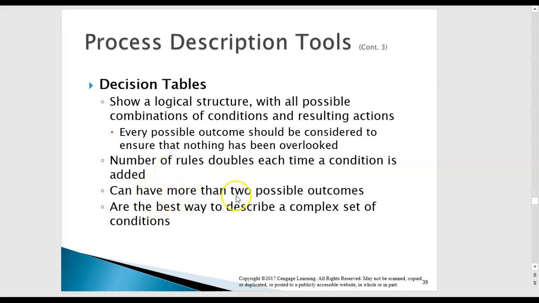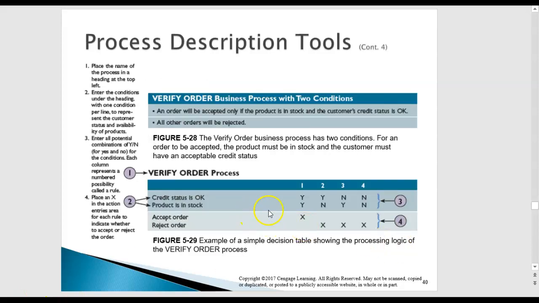You can have more than 2 possible outcomes for any action, and decision tables are essentially the best way to describe a complex set of conditions, because they list all possible outcomes and also tell you what should be done if a certain outcome is arrived at. So this is a good example to show the decision tables tool.